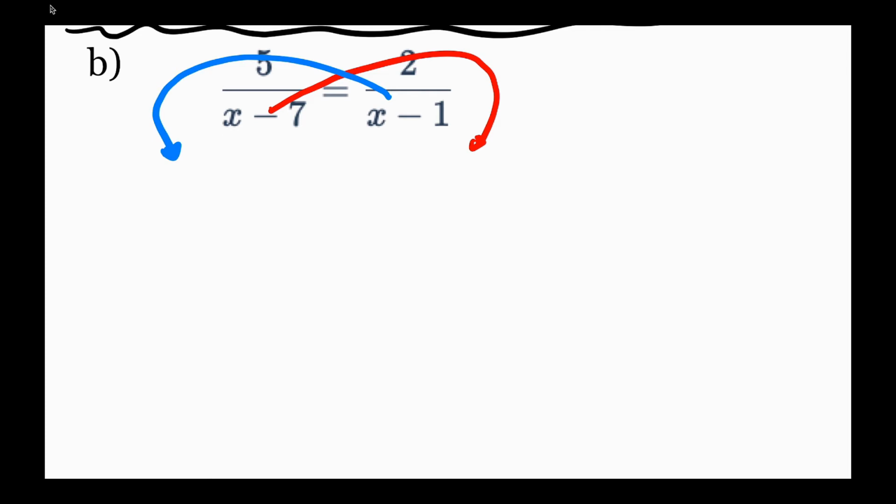So when I cross multiply the red, I get 2 times x minus 7. When I cross multiply blue, I get 5x minus 1 equals in the middle. Now I'm back where step 1 is done. Now simplify and solve. We've done this before.